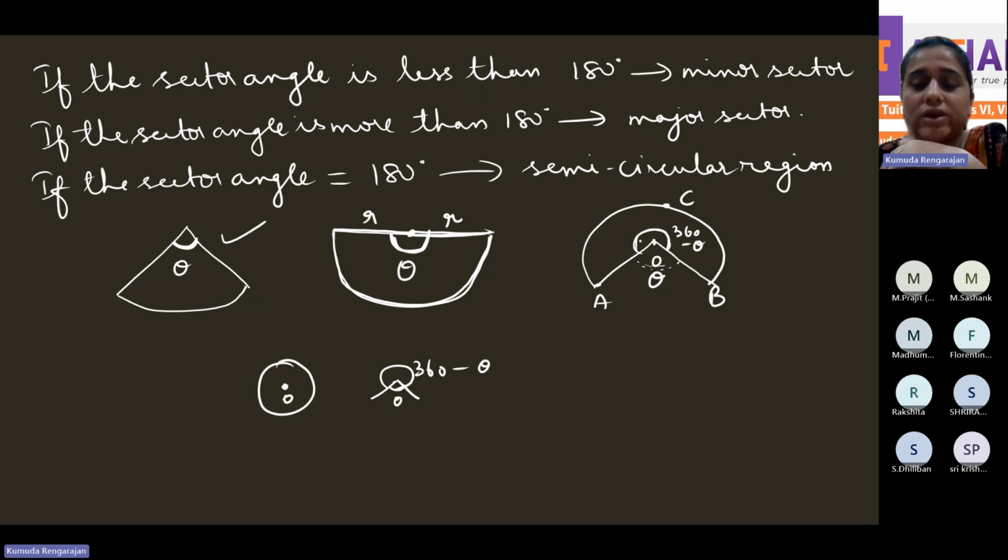So this region where the angle is 360 minus theta represents the major sector. A minor sector looks like this. A major sector looks like this portion. And this is a semicircular region. Here also, these are the radii and this is the arc. That's how we understand a sector, bounded by two radii and an arc.